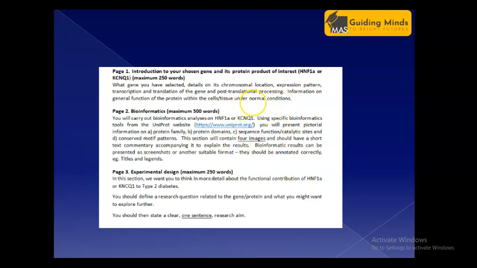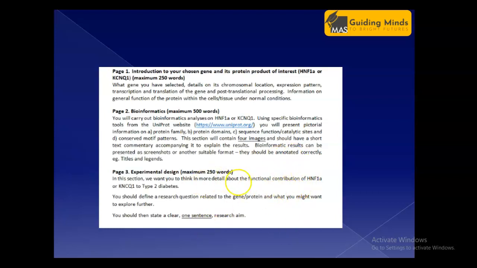After that, it will ask that if we see any mutation, what functional changes or modification we are going to expect if the changes take place, and what contribution is seen in terms of functionality.